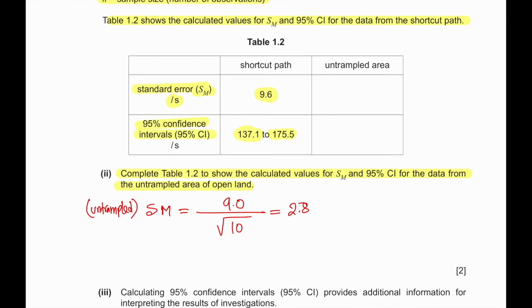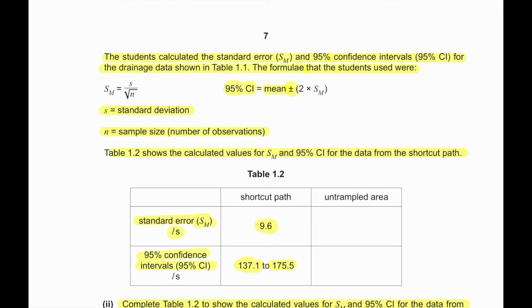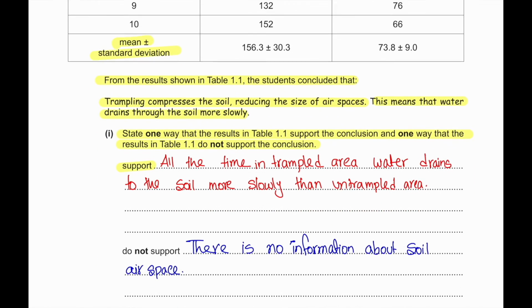Now the 95% confidence interval is equal to 68.2 to 79.4. The way we come to this conclusion is basically we do the plus minus.